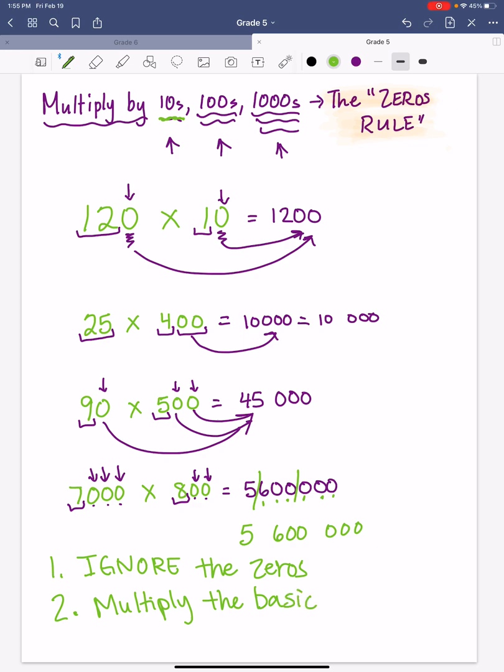Kind of like here, we just did 7 times 8, so multiply the basic facts. And then step 3, add the zeros back. And you'll always get the right answer.